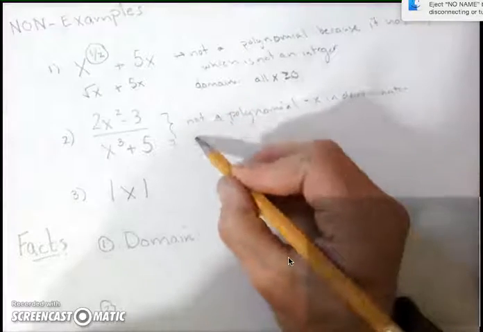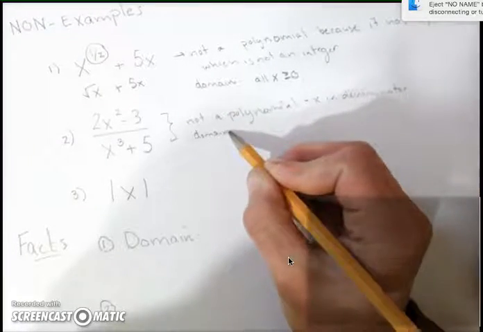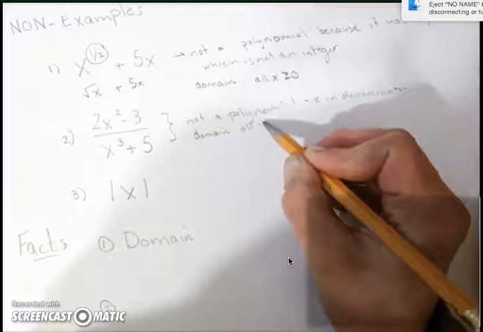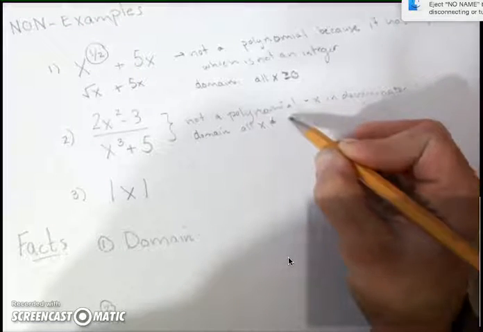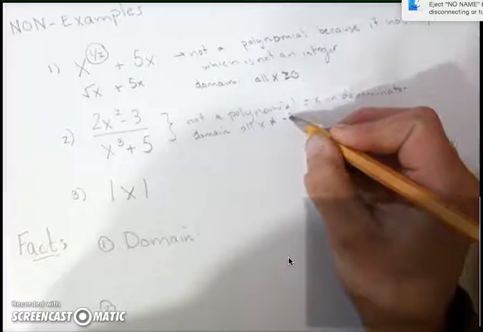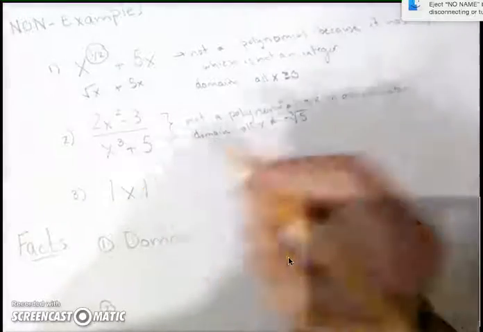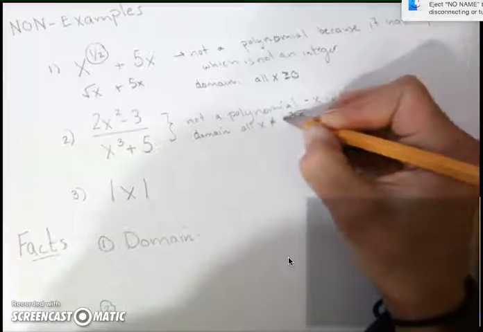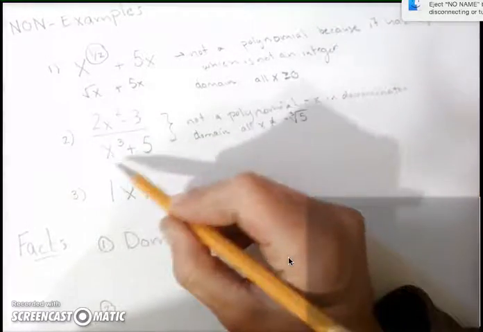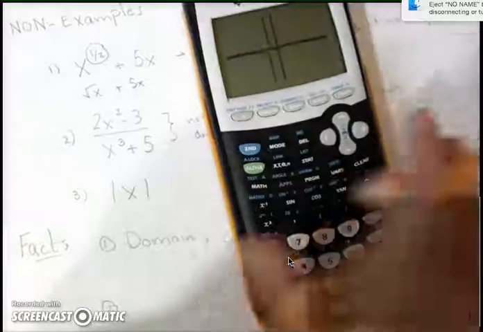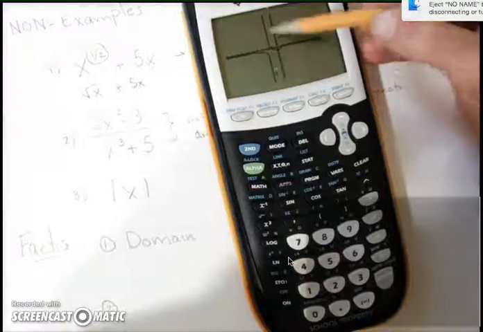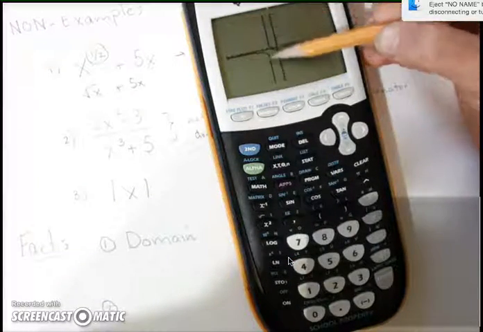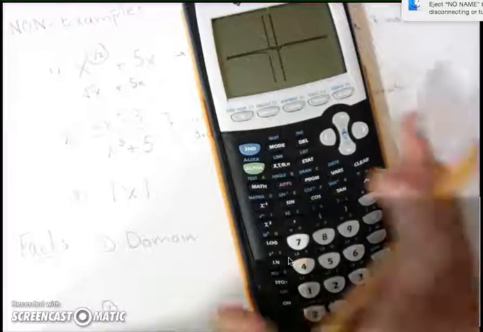So we see the domain is actually all x not equal to the negative cube root of 5. If you plug that in here, or cube root of negative 5, either way, then you would get 0 in the denominator. So this is actually the cube root of negative 5, giving us the vertical asymptote. We'll formalize that in another video.